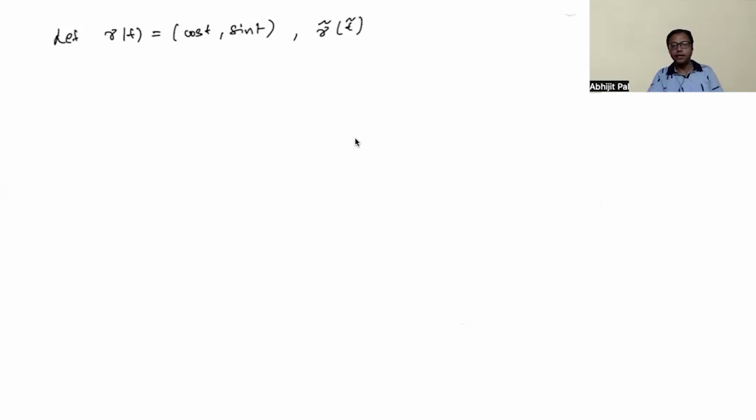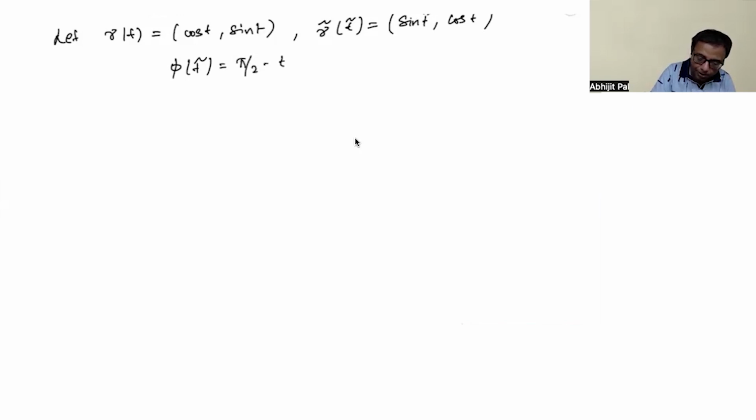If I take phi of t tilde equal to pi by 2 minus t tilde, then gamma of phi of t tilde is equal to gamma tilde of t tilde. That is very easy to check. Now let me make one proposition.